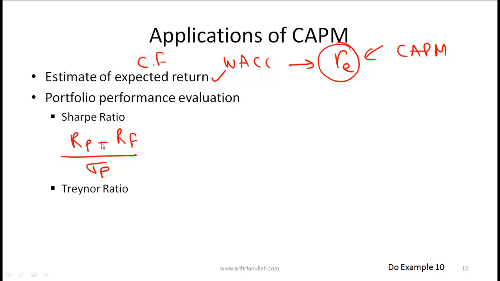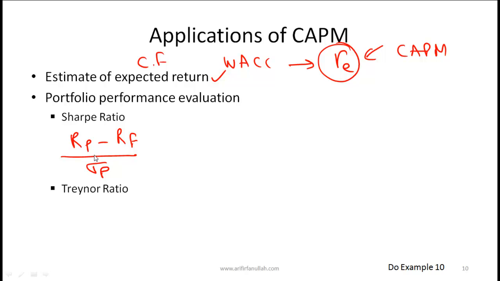So this is using the concept of risk and return. It is telling us how much return a given portfolio is generating above the risk-free rate divided by the riskiness, or standard deviation, of the portfolio. So when we compare portfolios, we want to go with the portfolio with the highest Sharpe ratio.